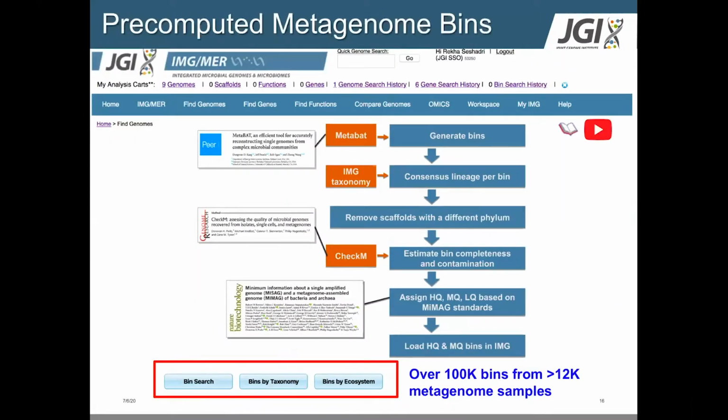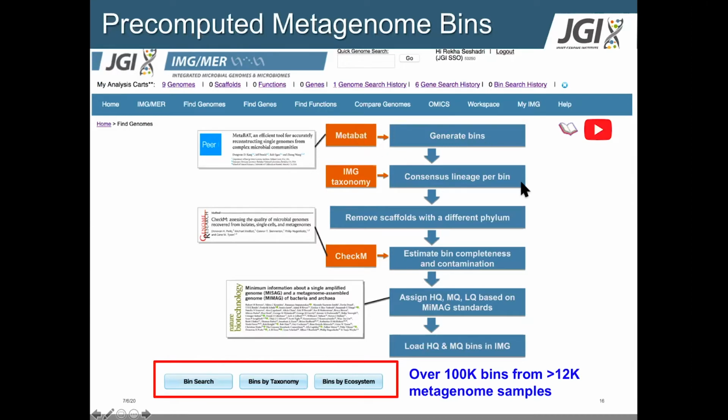Again, something that I wanted to highlight, because we're talking about metagenome bins this morning, is that for all publicly available metagenomic samples, the initiative is to provide pre-computed metagenomic bins. And this is the schematic that shows you that we run MetaBAT to generate these bins.